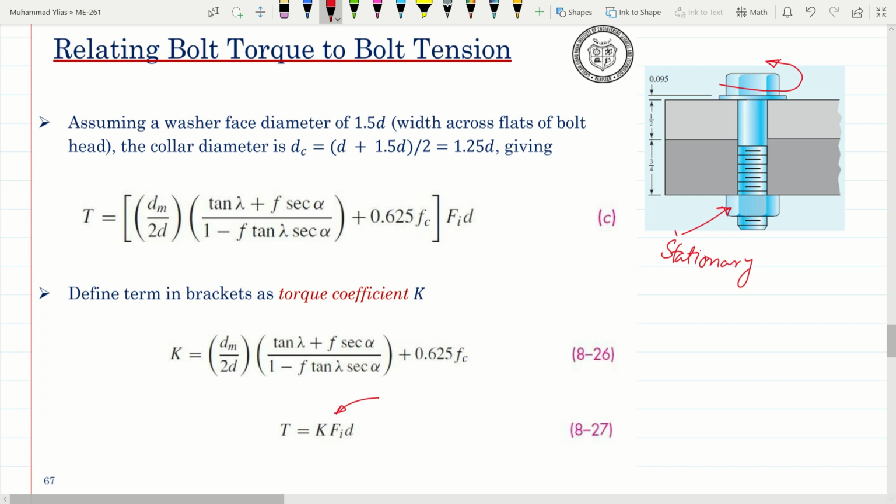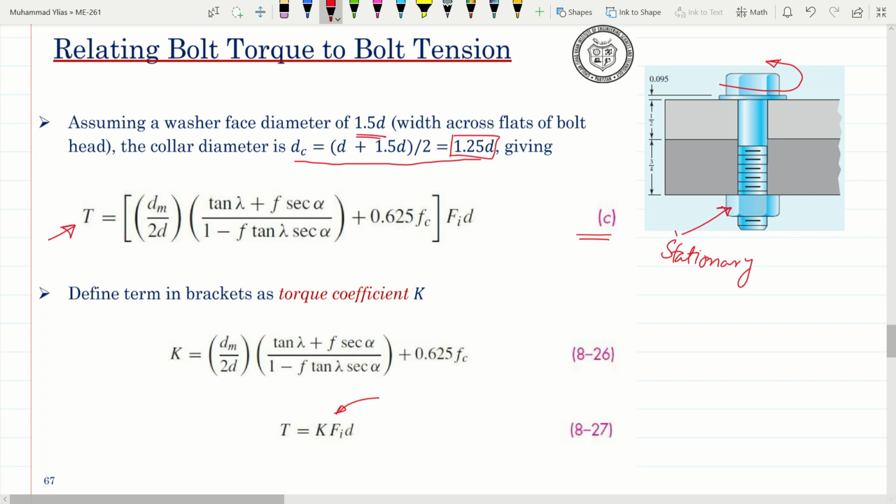So the torque required to generate this initial load can be determined from equation C, and we've reached equation C by simplifying equation B by utilizing this diameter of collar as 1.25 times the nominal diameter. So the development you can see here.